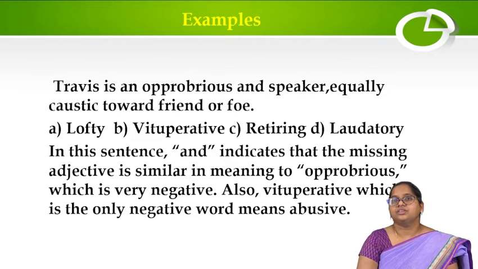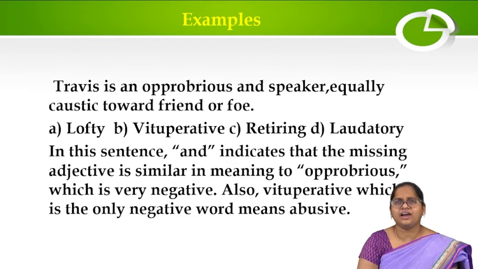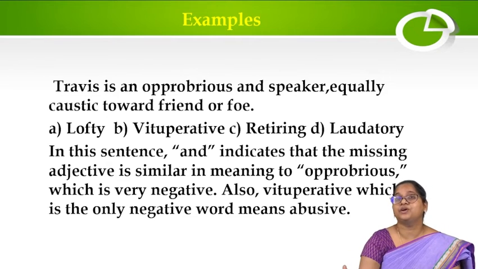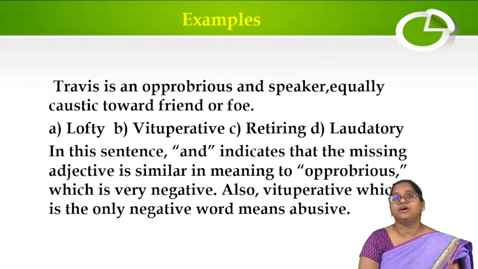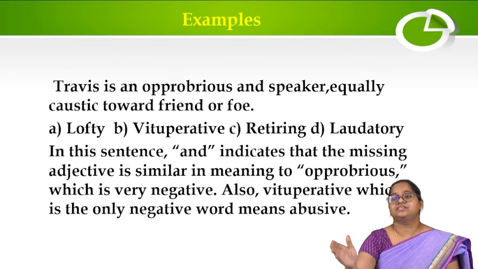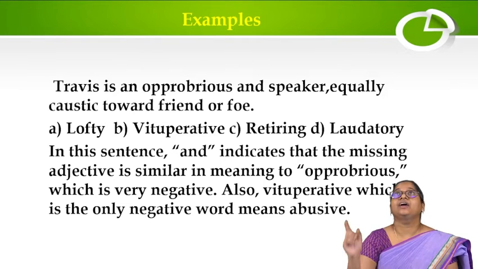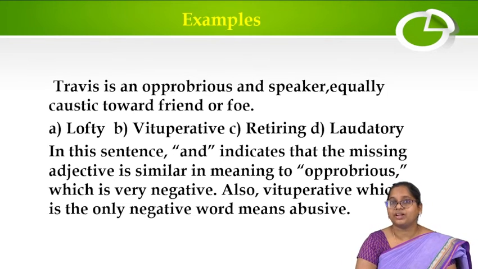It is equally bad and caustic, very close to the same kind of bad behavior shown towards a friend or foe. Now look at the options given. 1A, lofty. Lofty means what? Higher ideas.